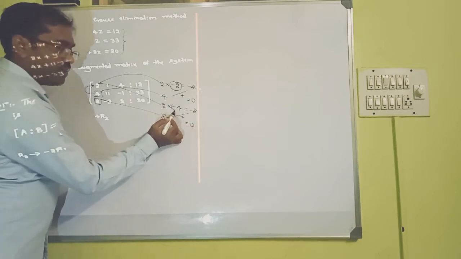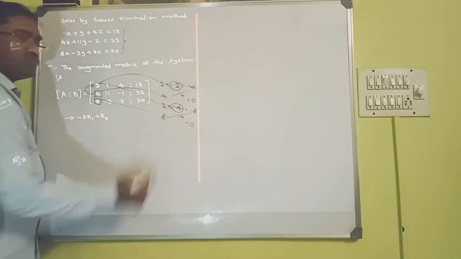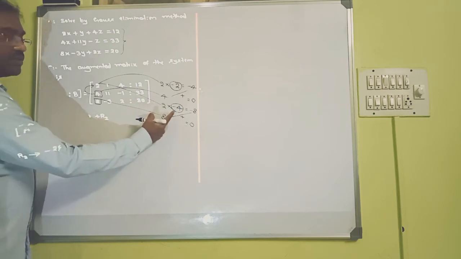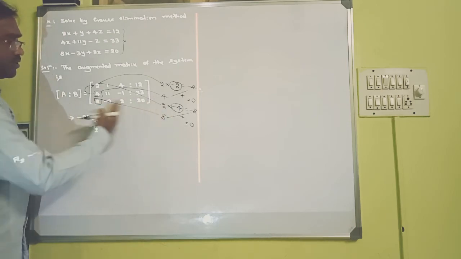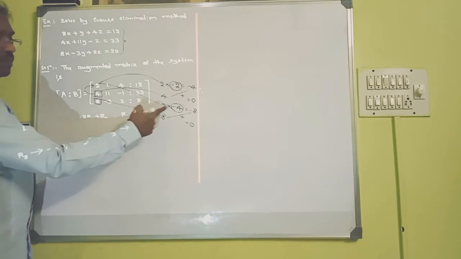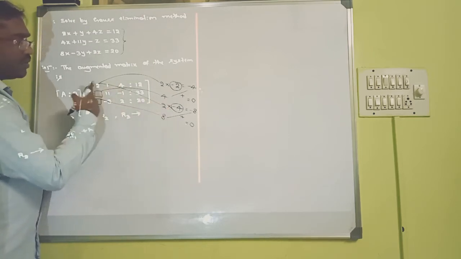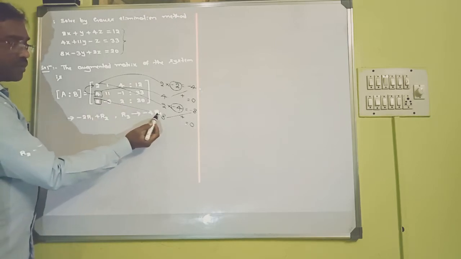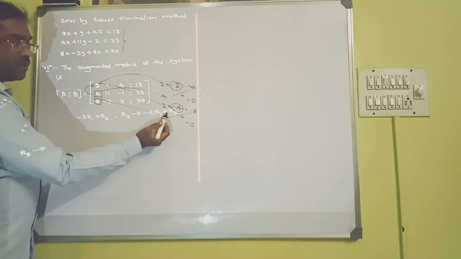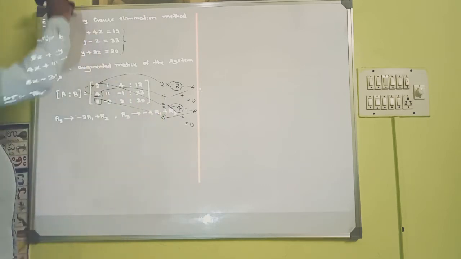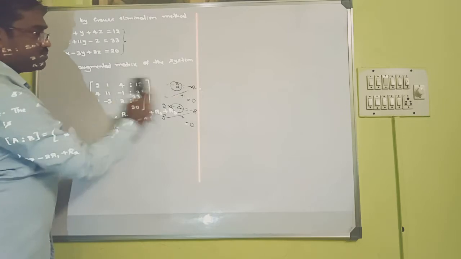That is why we are multiplying this by minus 4 to get minus 8. So what is our operation? R3 changes to minus 4 R1 plus R3. Now let us simplify these operations first.